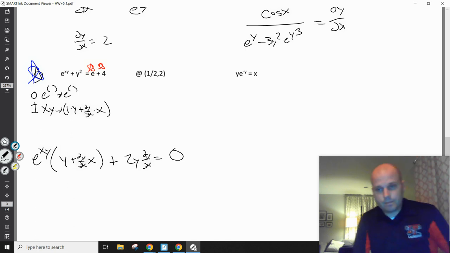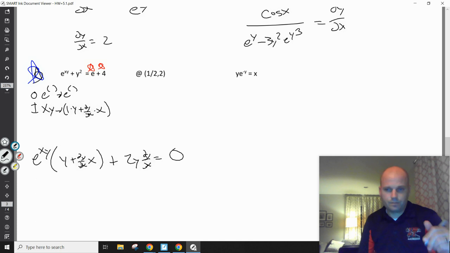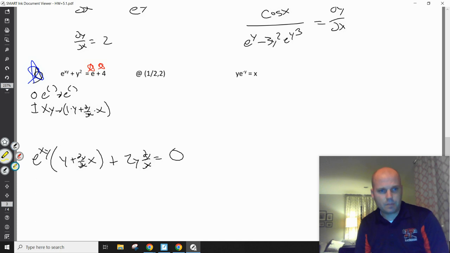Now, we could have talked about it earlier. We didn't. Sometimes, depending on the situation, it is beneficial to plug in the point earlier instead of finding what dy dx is equal to. This would be one of those times. If I plug in 1/2 and 2, I'd get e times 2 plus a half of an x, dy dx.